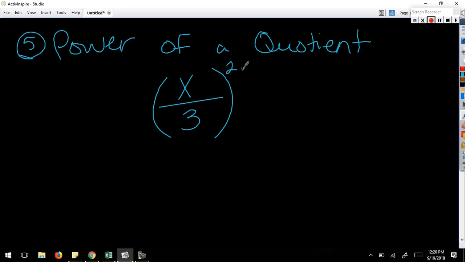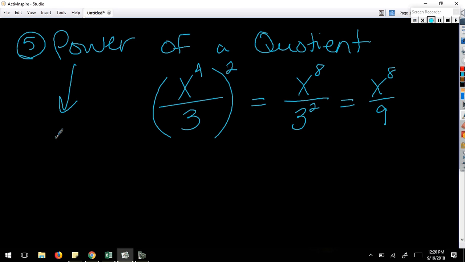What if this one already had an exponent on it? You would multiply. It's a power of a power. So I would get x to the 8 over 3 squared, which is 9. So power of a quotient, I still distribute. Just be very careful as you're distributing, and remember, with pluses or minuses, you cannot distribute exponents inside.